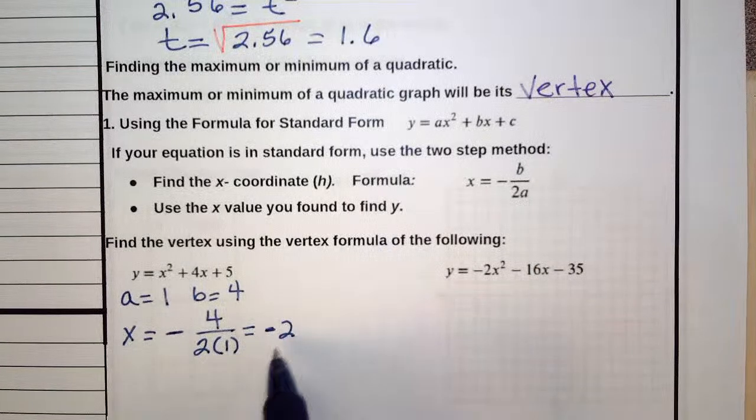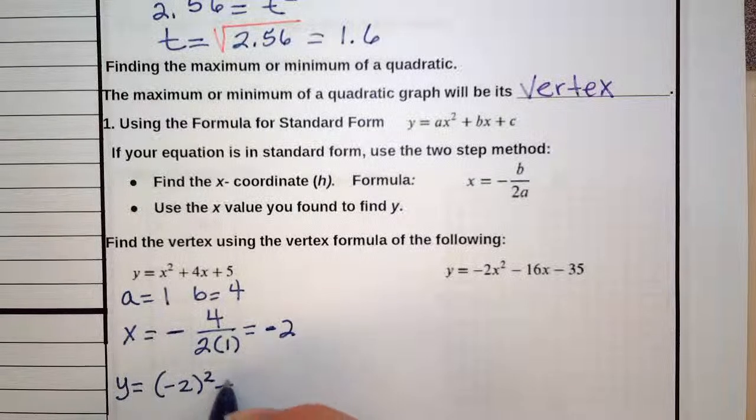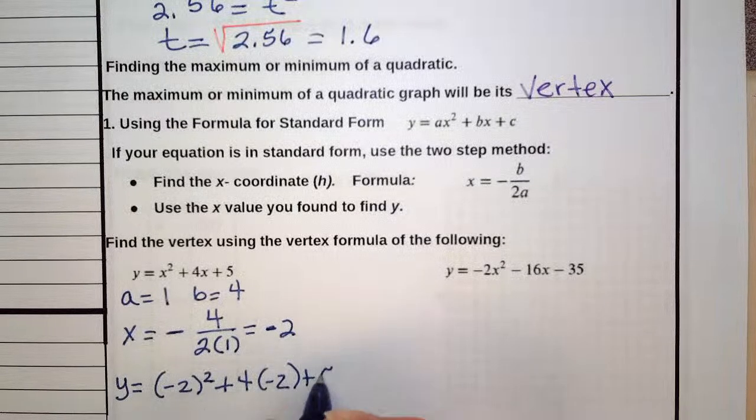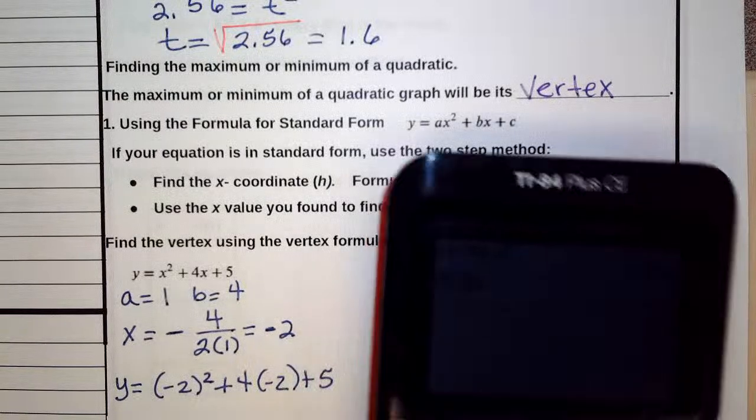Now, I have to substitute into my equation. y is equal to negative 2 squared plus 4 times negative 2 plus 5. Guess what? It's easiest to use a calculator. Make sure you put it in correctly.